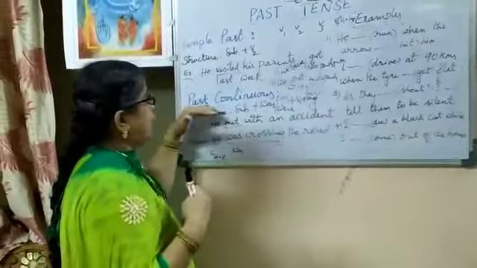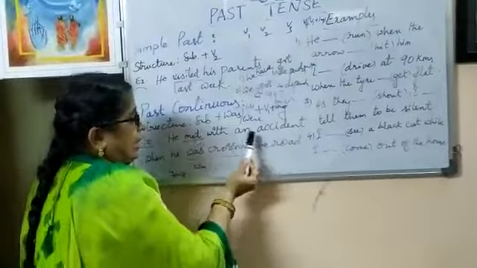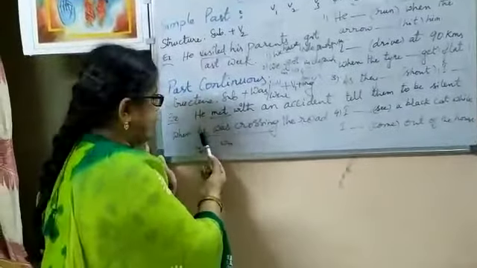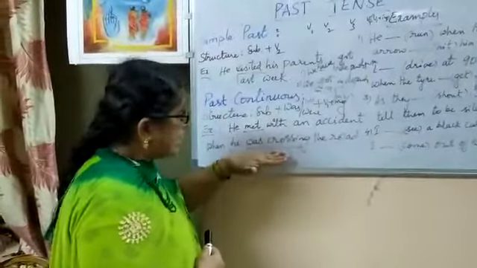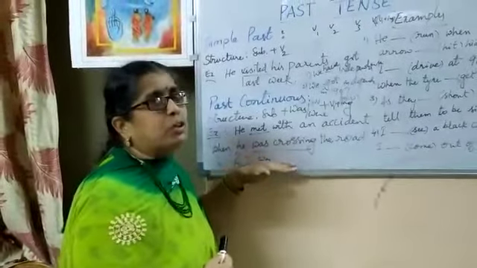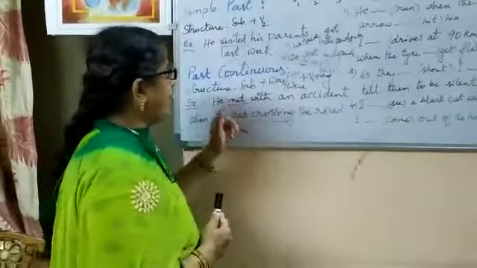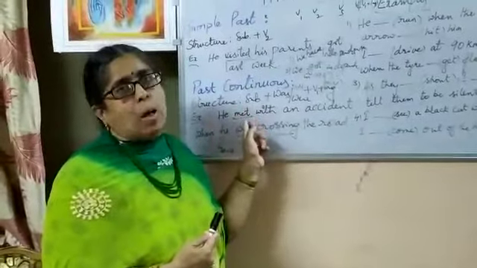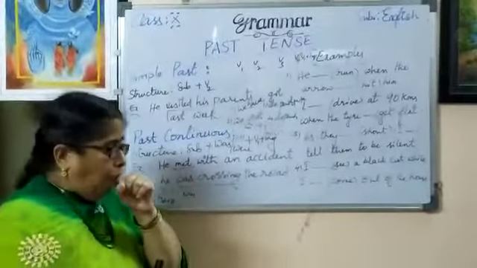That is where we take past continuous. He met with an accident. Met is in simple past tense. He was crossing the road. This action was ongoing at the time this incident happened. That's what we use past continuous for.